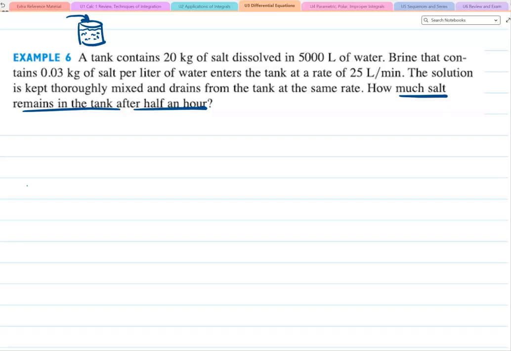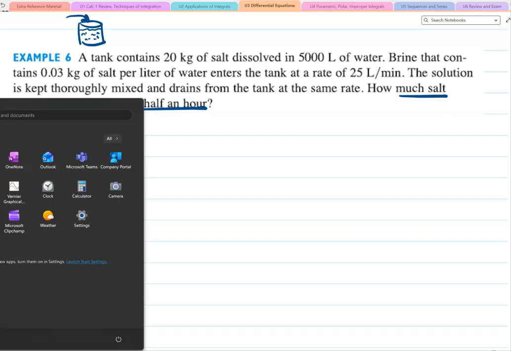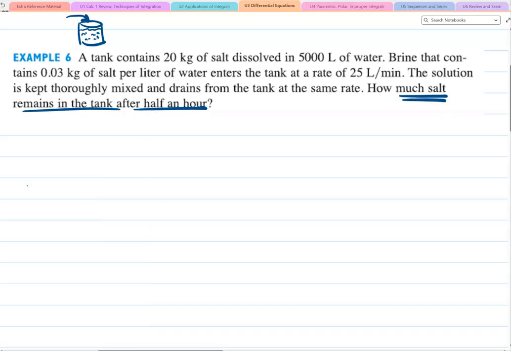Now, this is a particularly interesting question because even though we're talking about mixtures and solutions here, the question itself is asking how much salt in kilograms remains in the tank after half of an hour. And since our unit of time here is minutes, I'm going to indicate that half of an hour is not 0.5 hours, but we'll use the number 30 minutes.